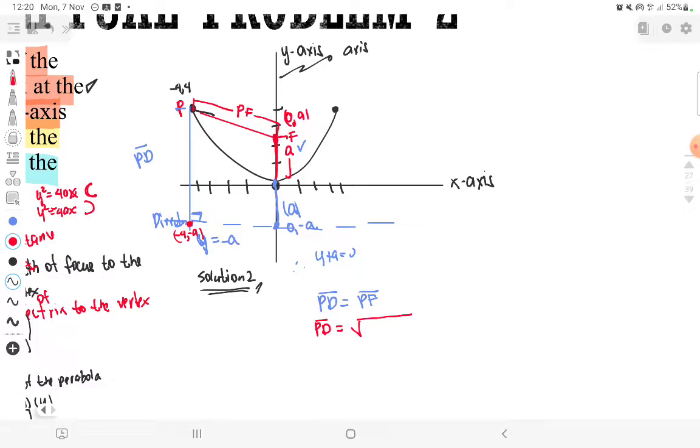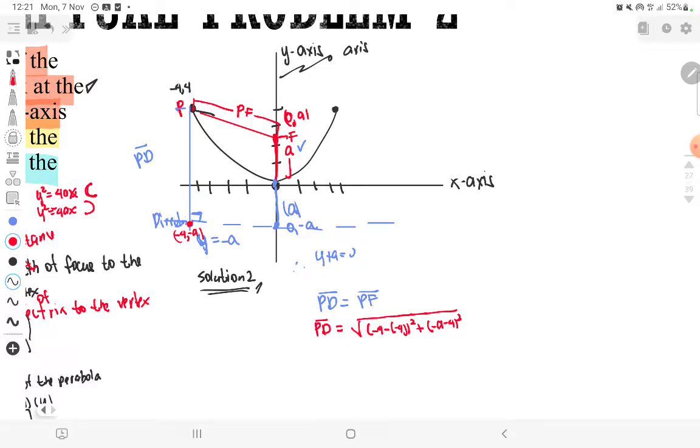Any of these points can be point 1 or point 2, so I will just consider my D as my point 2 and my P as my point 1. Okay? So from here I will have the square root of negative 4 minus negative 4 squared plus negative a minus 4 squared.